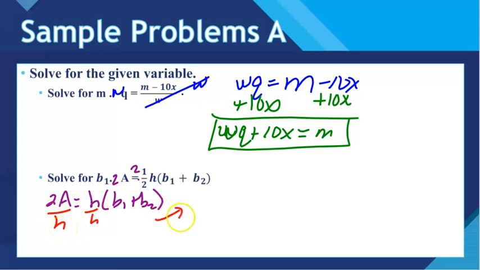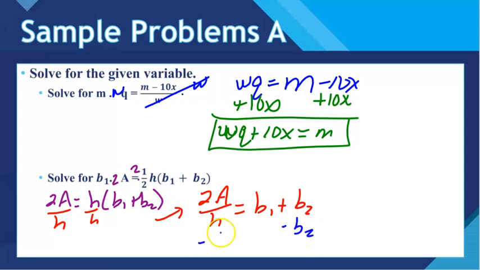So now I have 2a over h equals b subscript 1 plus b subscript 2. My final step is to subtract b subscript 2 on both sides. So now I have b subscript 1 equals 2a over h minus b subscript 2.